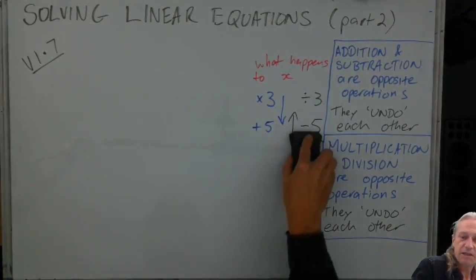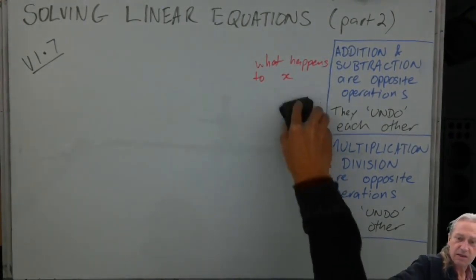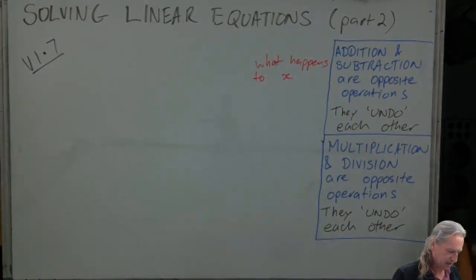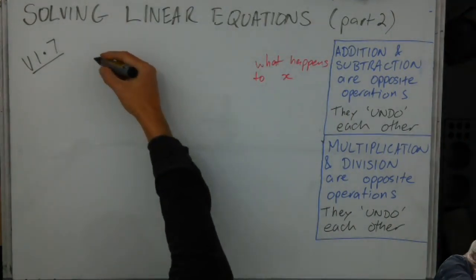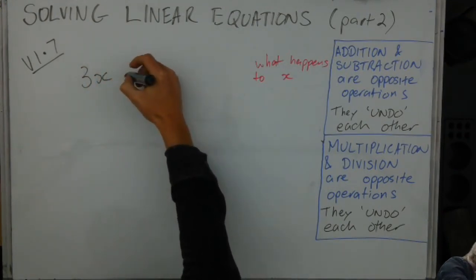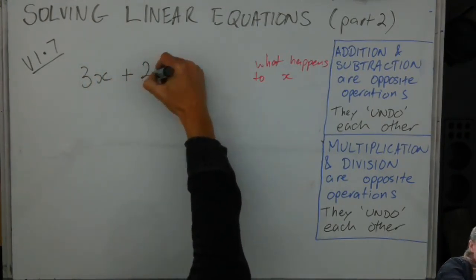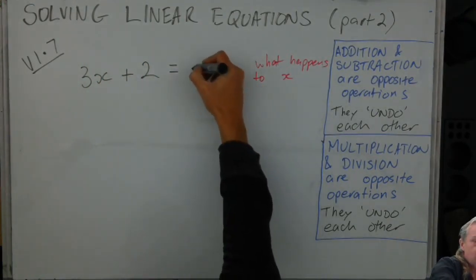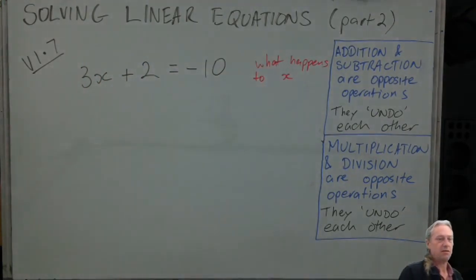So it's kind of the same, except I think in this one we have a negative answer. Well, a negative on one side of the equals. We've got 3x again, and we add 2, and this equals negative 10.